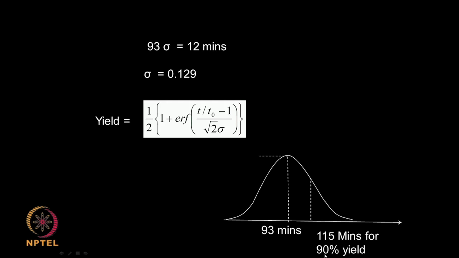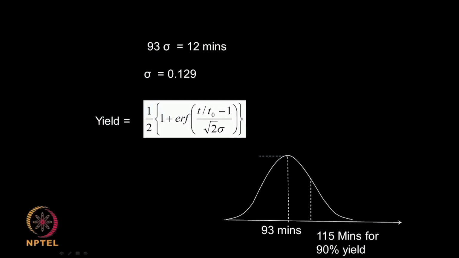You see, this is a very useful type of calculation in chromatography, because you need to know how long to collect for getting 90% or 95% of the solute, knowing certain data like standard deviation and retention time. Otherwise you will be collecting too long, and there could be impurity peaks coming downstream which may get added up.